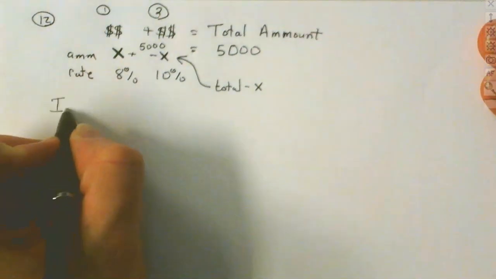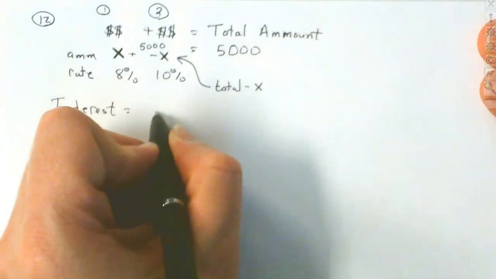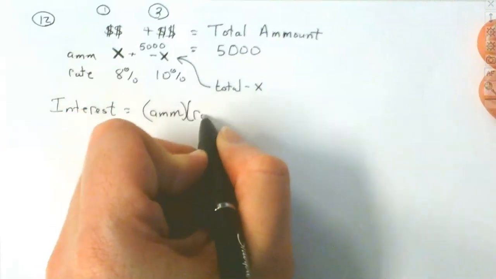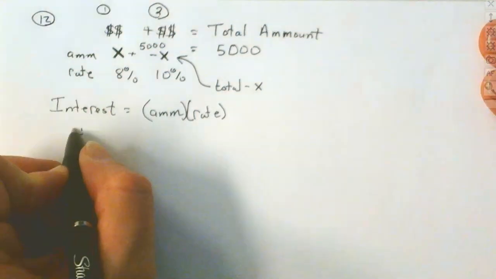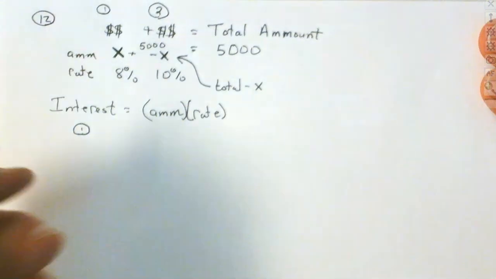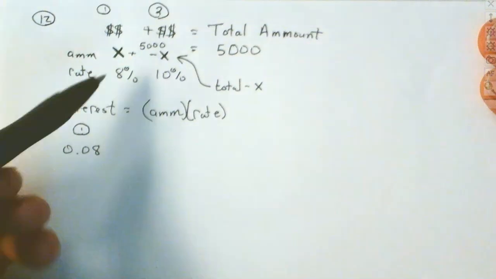Now we look at our interest. And the interest is the amount times the percentage rate as a decimal. So for our first account, 8%, so that's 0.08. And how much is in there?